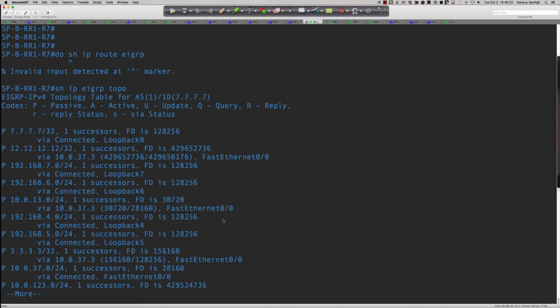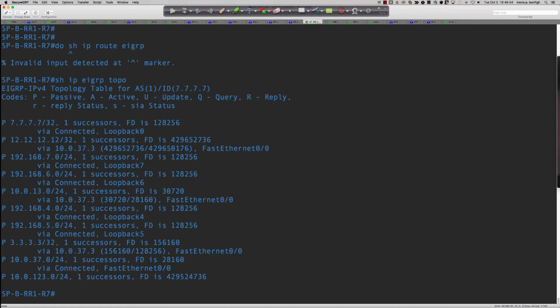But I would hope that at some point in the future they're going to simply introduce computed distance as the proper term, because you don't want to go forward in your studies thinking this is the feasible distance, and then someone says, no, that's the computed distance, and you're like, no, no, no, it's the feasible distance.